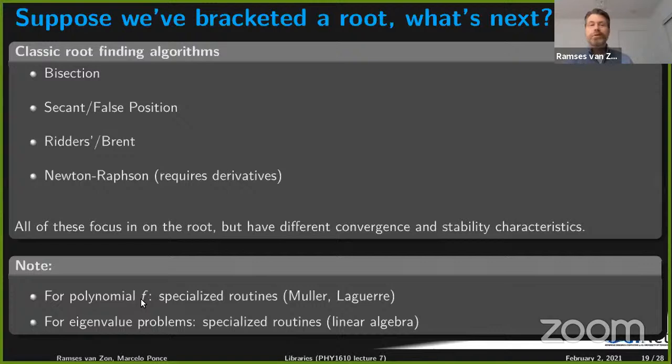So that's a root finding problem, we would say, but that is really not the way you want to solve this. There's a lot of structure to eigenvalue problems, which means that there are better methods to do this. And so we're going to go into linear algebra routines for that, but we'll look at linear algebra later in this course. So if you know more, if there's structure to your problem, you might not want to use these. But if you just have, I don't know, some function I need the root of, then you can use these.